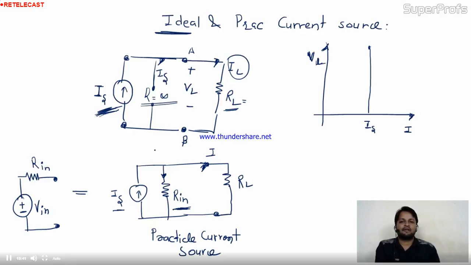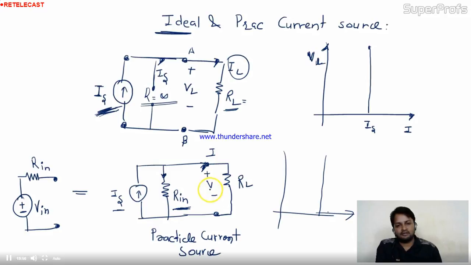So for the ideal, later we'll discuss. If we talk about the VI characteristics, if you increase the value of voltage here, you are increasing the voltage. This voltage is the same for RL and Rin. You are increasing the value of VL, suppose.